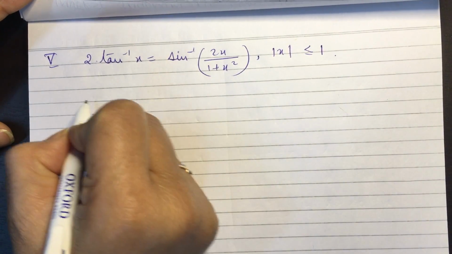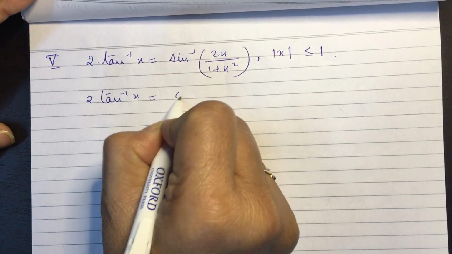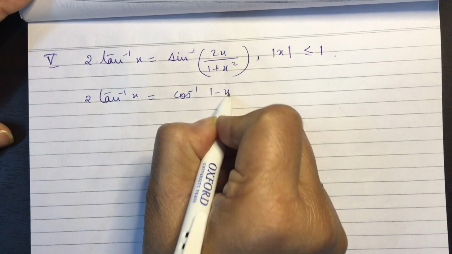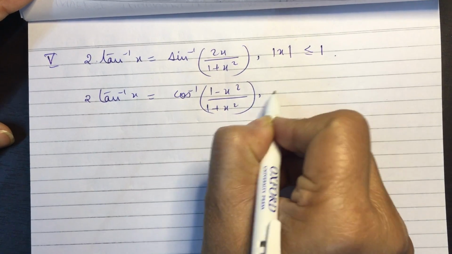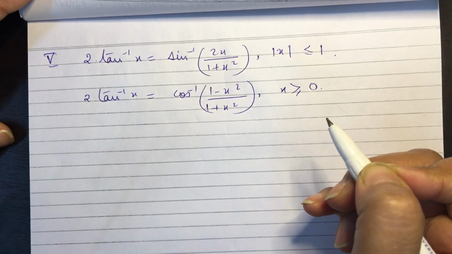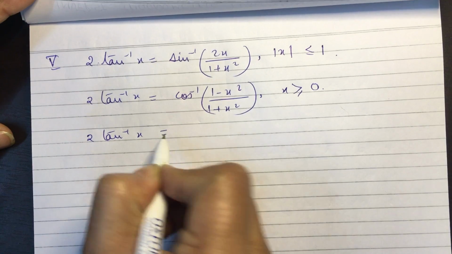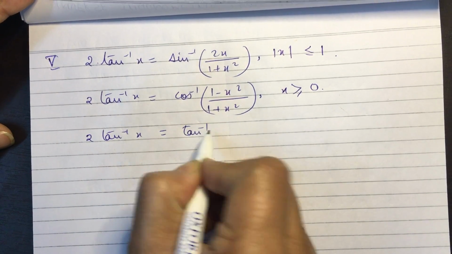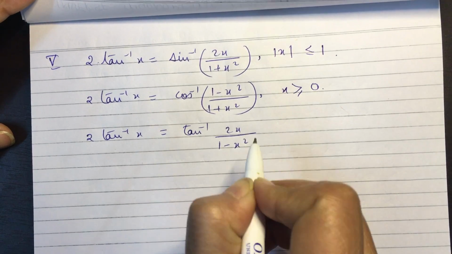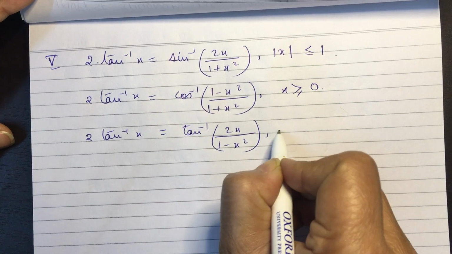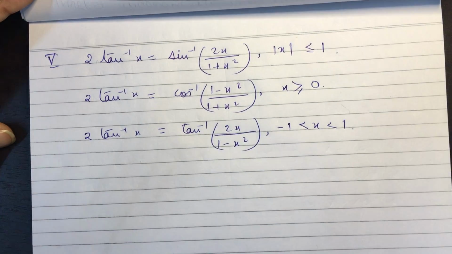It is also equal to cos inverse of 1 minus x square over 1 plus x square when x is greater than or equal to 0, and it is also equal to tan inverse of 2x over 1 minus x square when minus 1 is less than x is less than 1.